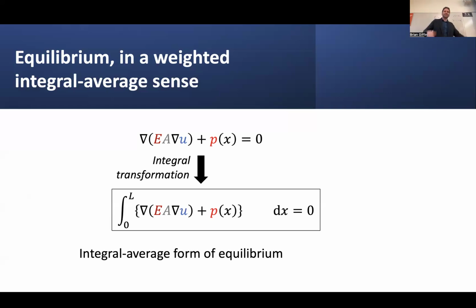So in some sense, that's equivalent to saying, let's take the sum of forces acting on a bar of finite length L. So this statement, as shown in this box, is equivalent to considering a bar of length L to which we might be applying some external loads.